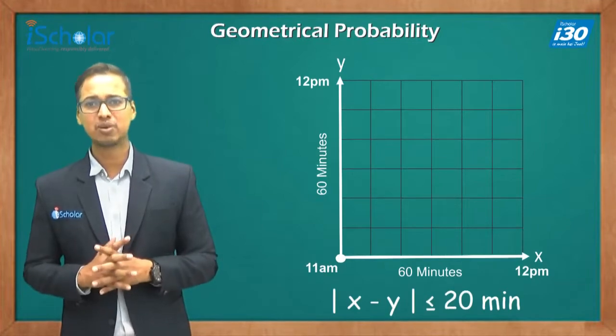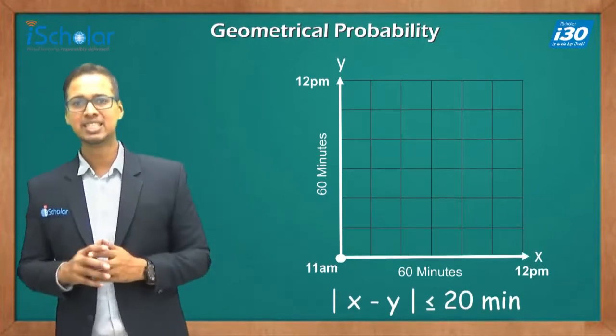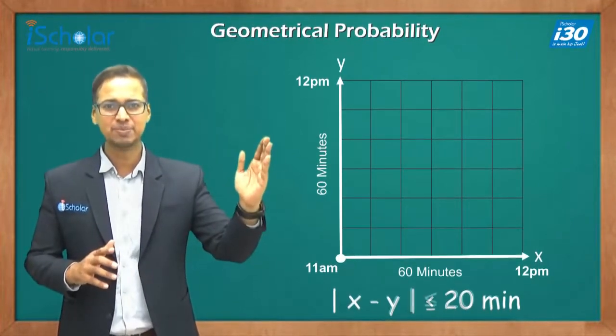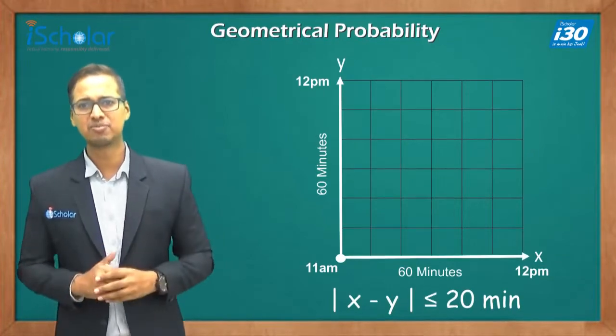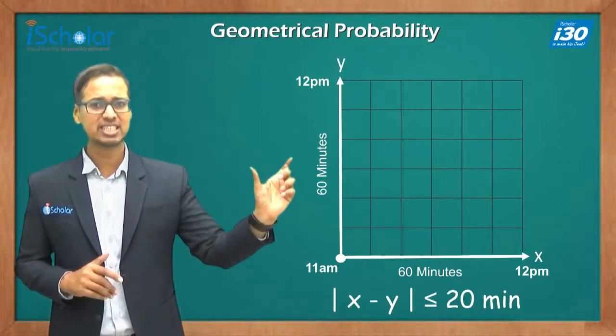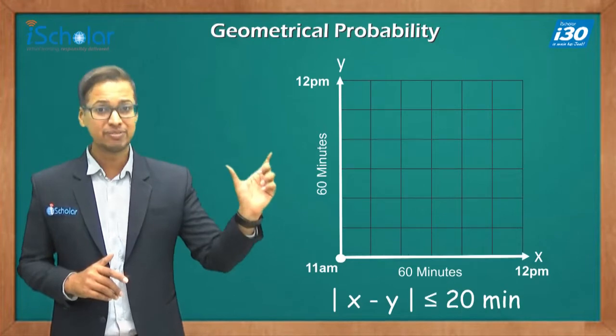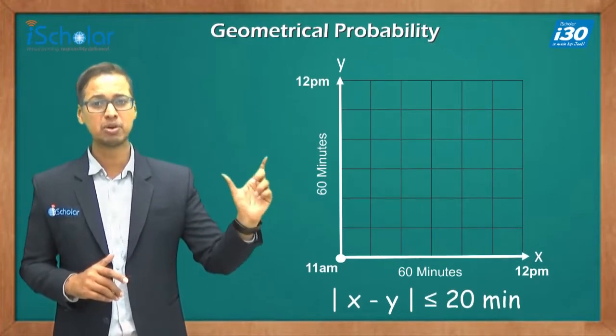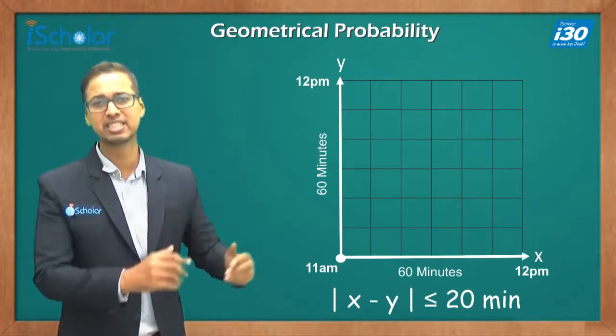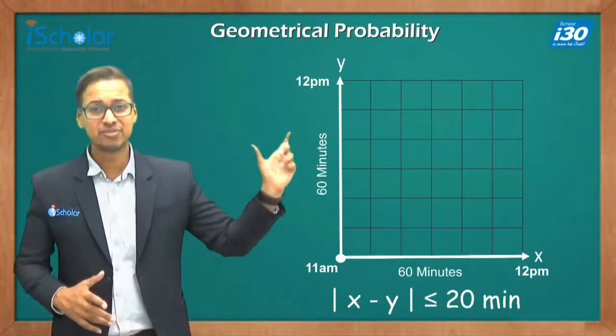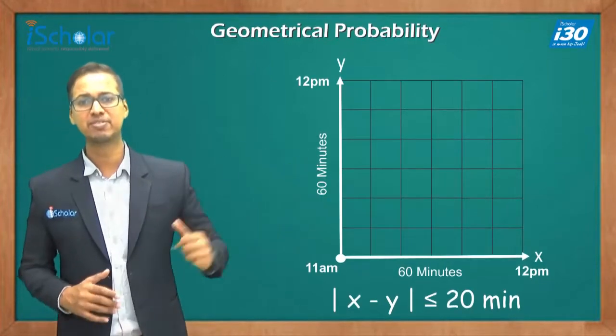Why |x minus y| less than 20? See, x is the time of my arrival, y is the time of arrival of my friend. So the difference in their times of arrival, remember we are talking about difference, has to be represented by a mod.